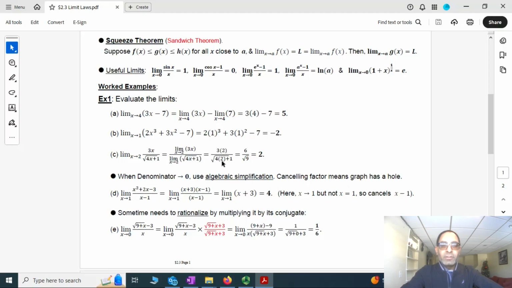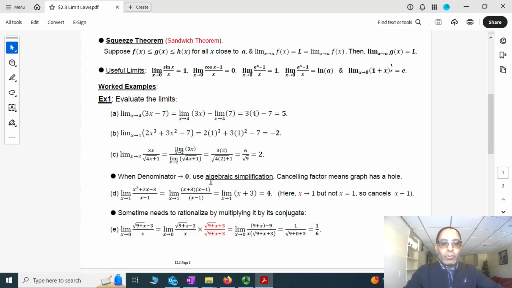And in the denominator, we can send this limit inside the radical. So we have radical, then the limit of 4x plus 1 as x approaches 2 becomes 4 times 2 plus 1. Simplify. Cancel the common terms in the numerator and denominator. It gives us the answer is 2. I hope it makes sense so far. So let's continue.